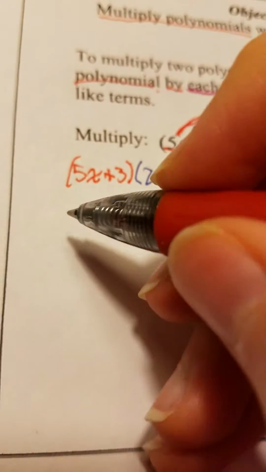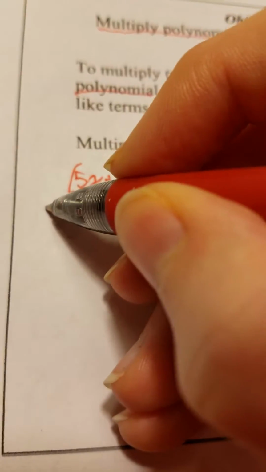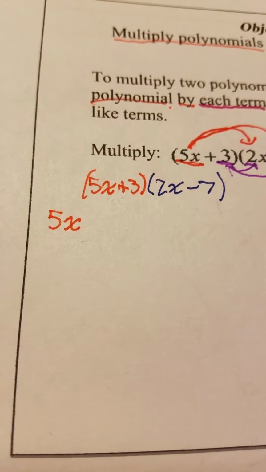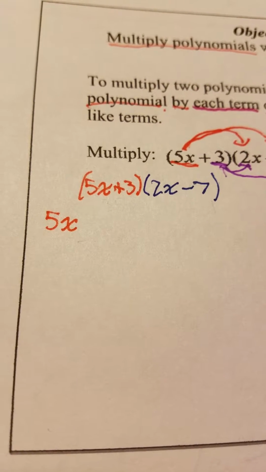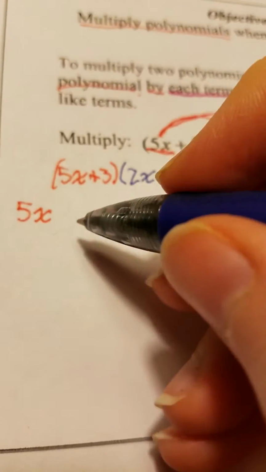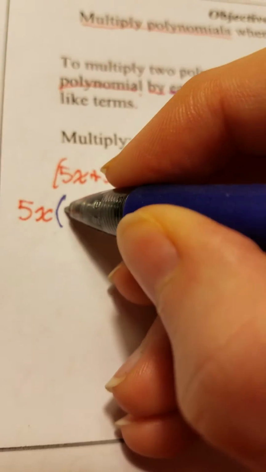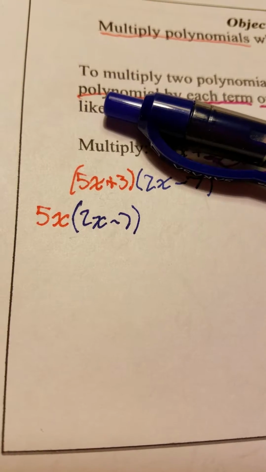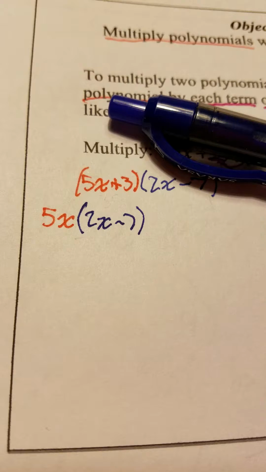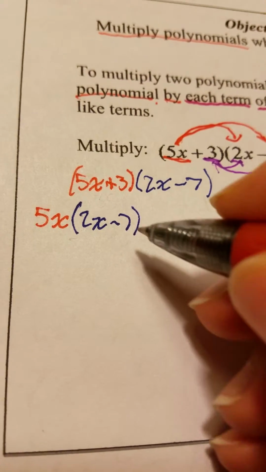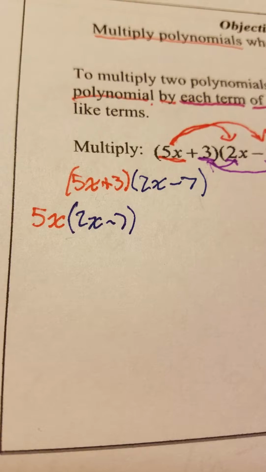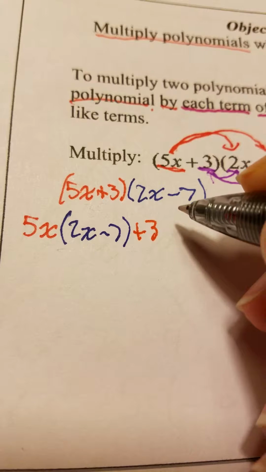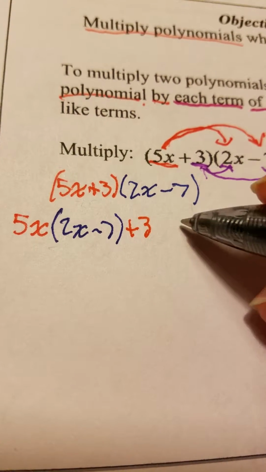So we'll be saying 5x times 2x minus 7. And then the second half, which is your plus 3, so then you're going to say plus 3 times the 2x minus 7.